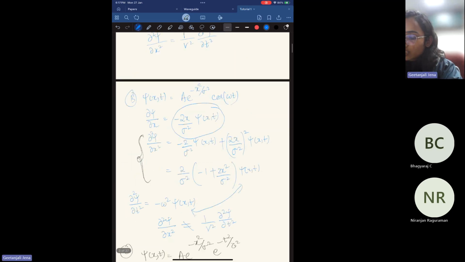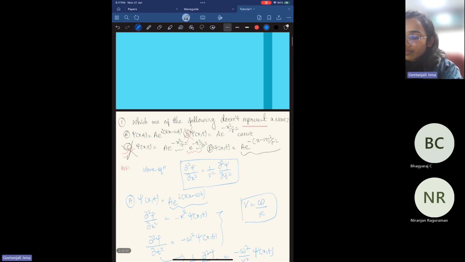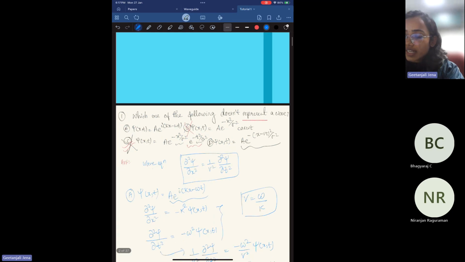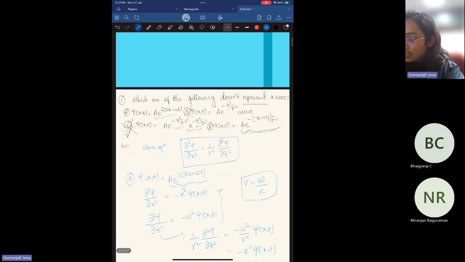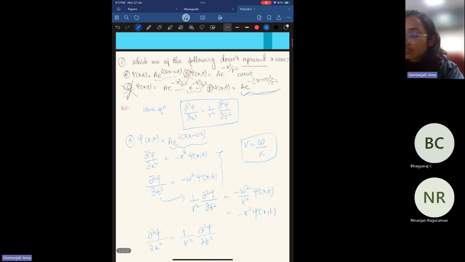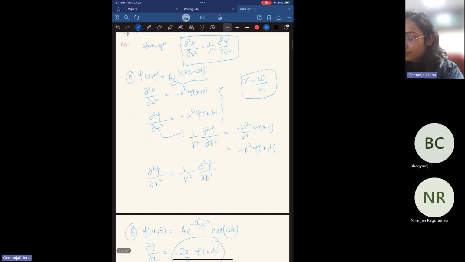So in this question, we have two forms which satisfy the wave equation, which are A and D. A is a plane wave expression, and D is psi of x,t with x minus vt whole square by sigma square. These satisfy the wave equation, but B and C do not satisfy the wave equation. Okay, this one is easy. If you recall what the wave equation is, then you can easily follow the answer.